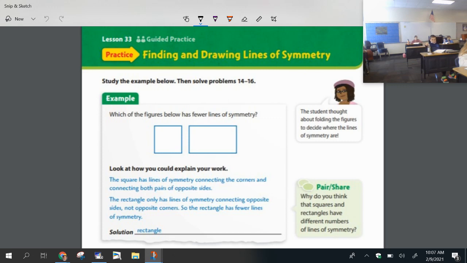The rectangle only has lines connecting opposite sides, not the opposite corner. Therefore, a rectangle has fewer lines than a square. So the solution: rectangle. Okay? That's how the book answered that one.